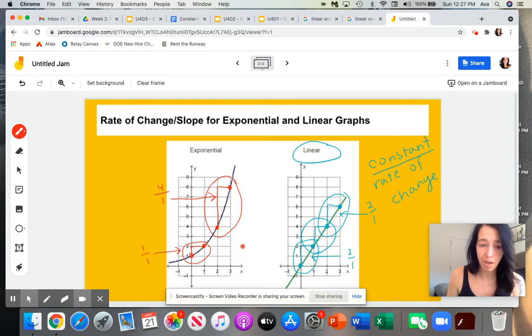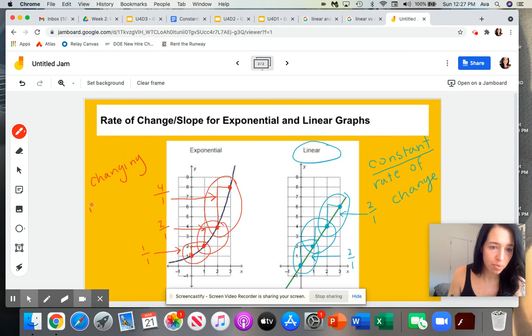And what about in here between these 2 points? Up 2 over 1. So now that slope right there is 2 over 1. So basically what we see is that we have a changing rate of change. It is not constant.